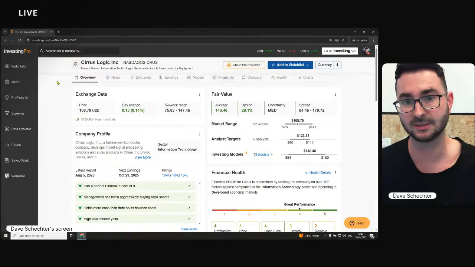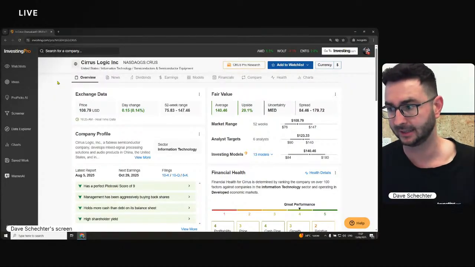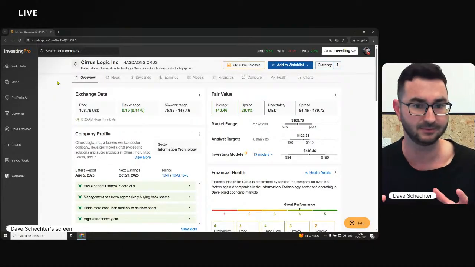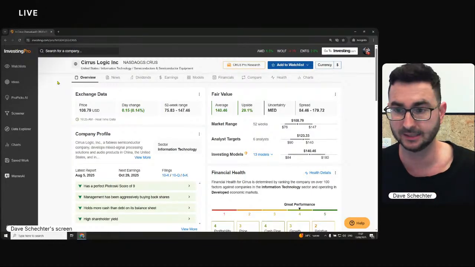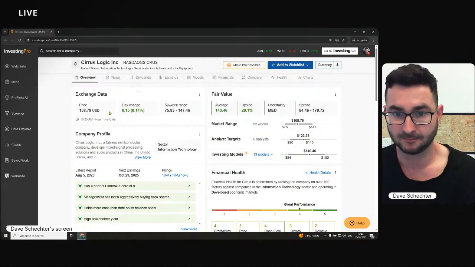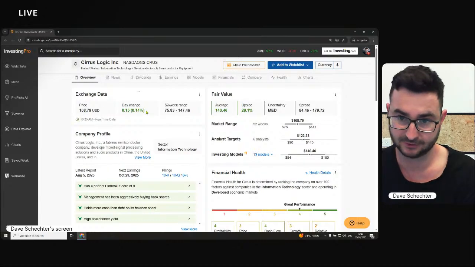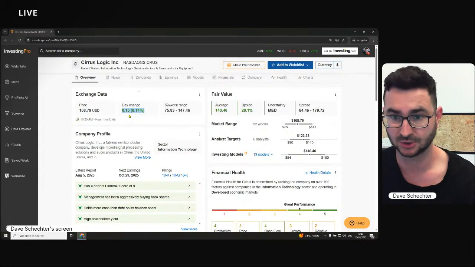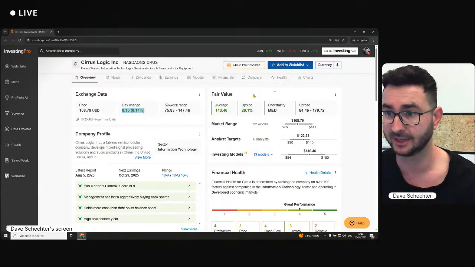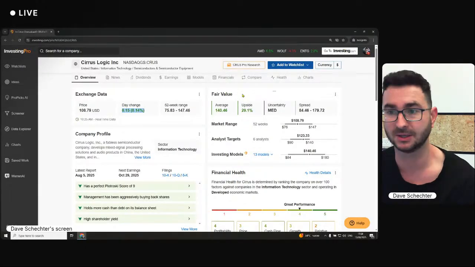Great, so you'll notice that the instrument overview page is very different than what's available on the free Investing.com site, and for good reason. So here at the top, you have the price. If the market's open, it'll update in real time with whatever the price changes are, as well as the 52-week range. And directly to the right of that, you have something called fair value.